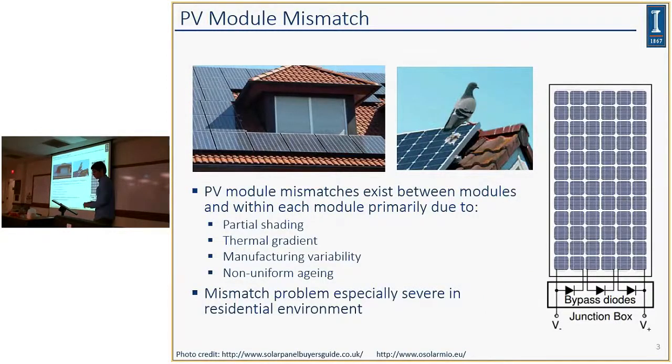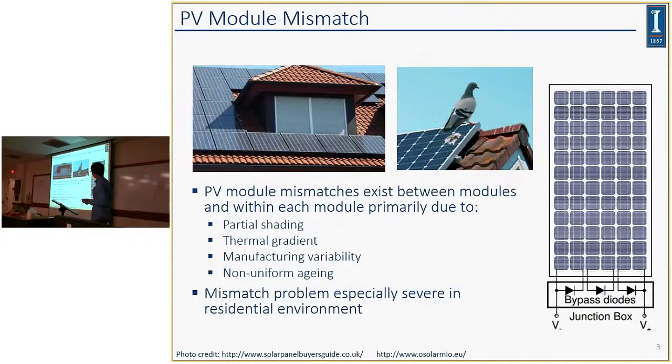So to start with, in PV systems, conventionally, modules are often connected in series and send power through a central inverter to the power grid. But series connected PV modules have a well-known mismatch problem due to various reasons.